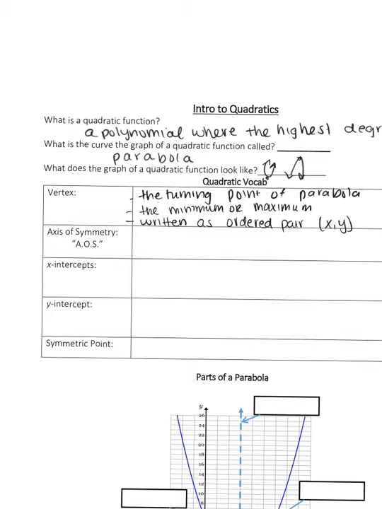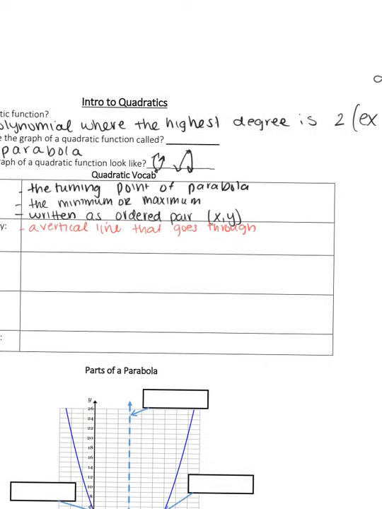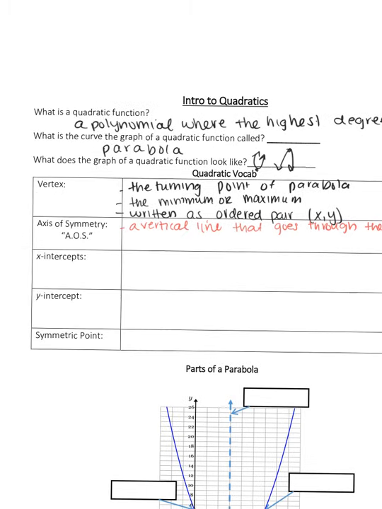Okay? I'm going to write the next one a different color so you can see the change, okay? So my axis of symmetry is a vertical line that goes through the vertex and splits the parabola in half, okay?